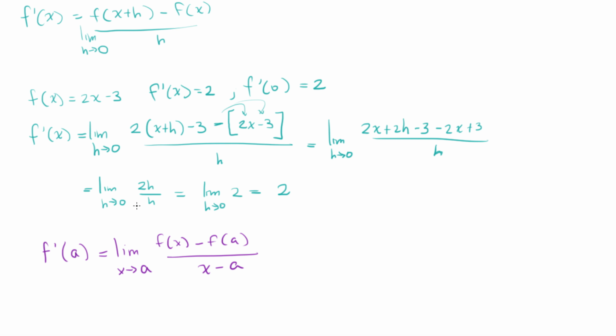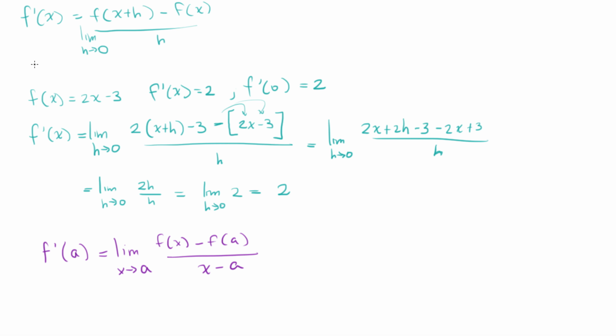Okay, now don't confuse the limits and the definition. These are the same. This is going to give you the same value, but this one gives you the derivative at a point. The other gives you the derivative in terms of x.